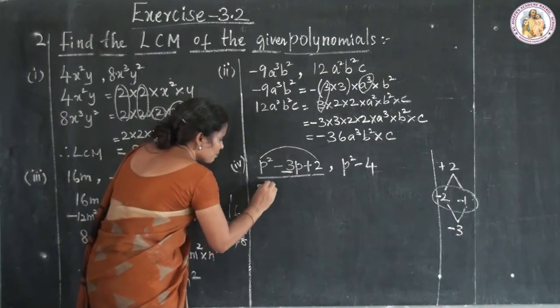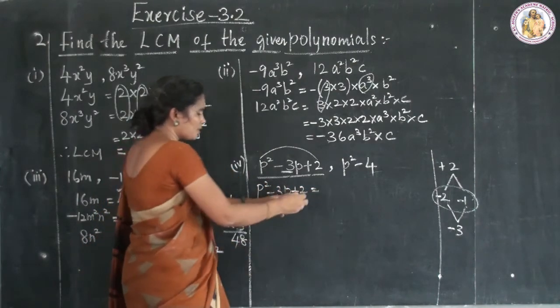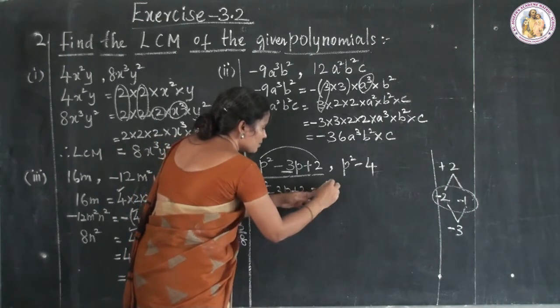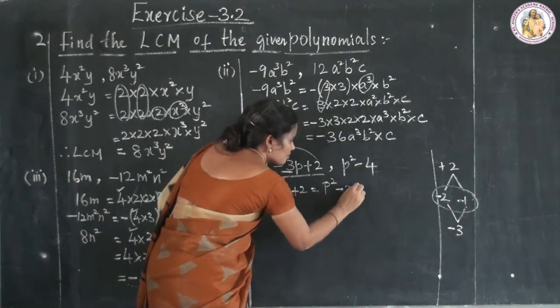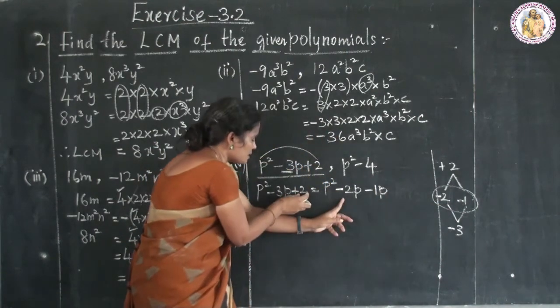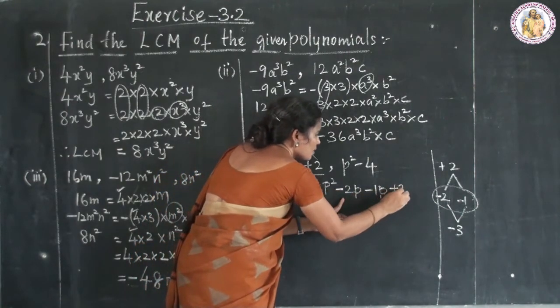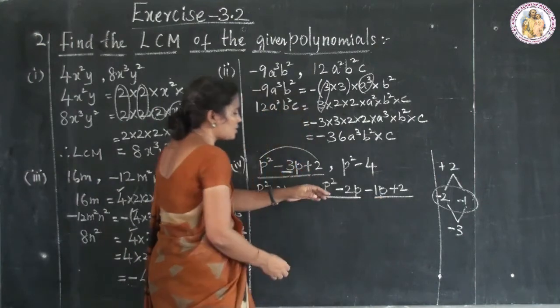So we write p square minus 3p plus 2 is equal to p square minus 2p minus 1p, then this plus 2. Okay. First 2 and last 2.